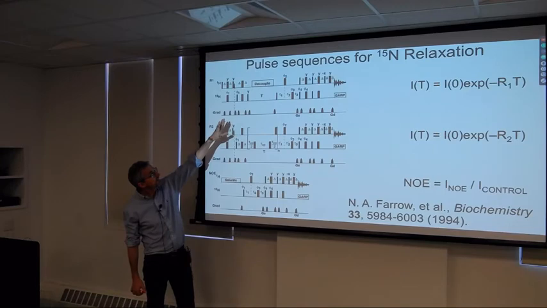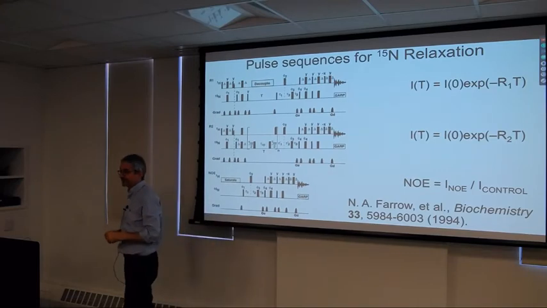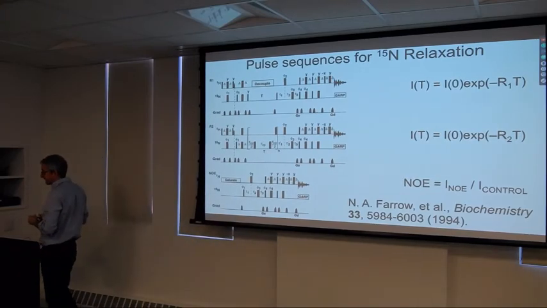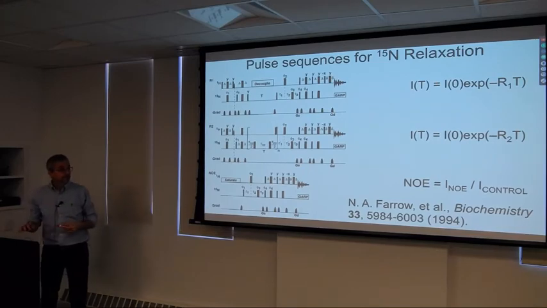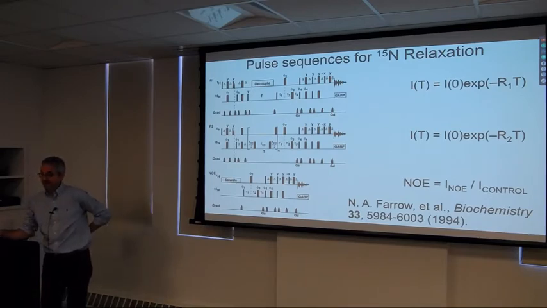In the R1 experiment, there's this block called decouple, and here we have this additional pulse. And the question is, what are they for? The decouple period in the R1 experiment has to take care of 2 problems.